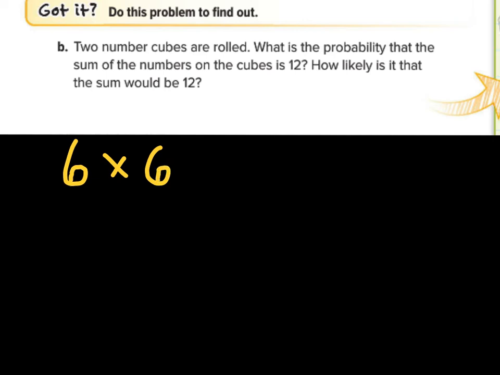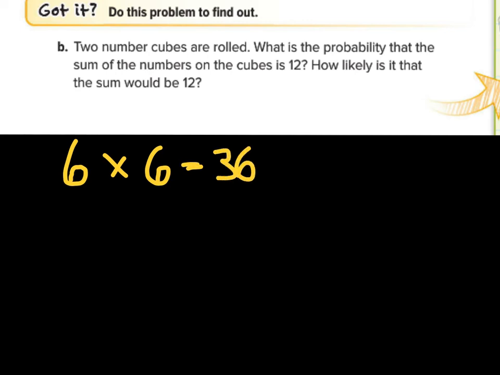Each number in the first cube, this could be 1, and it has to match all the different ones from the other cube. So you multiply them together so that you have 36 different outcomes, correct? You have 36 different outcomes.